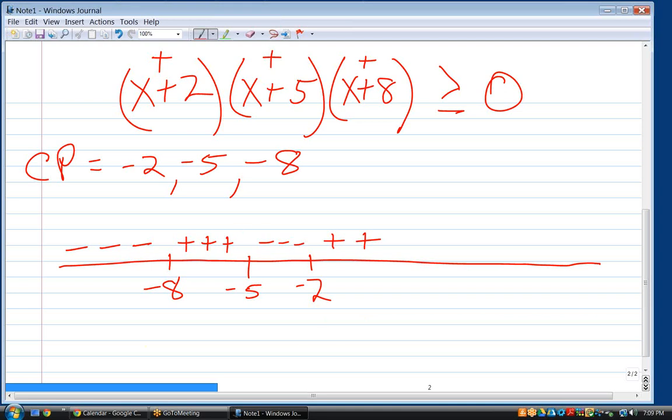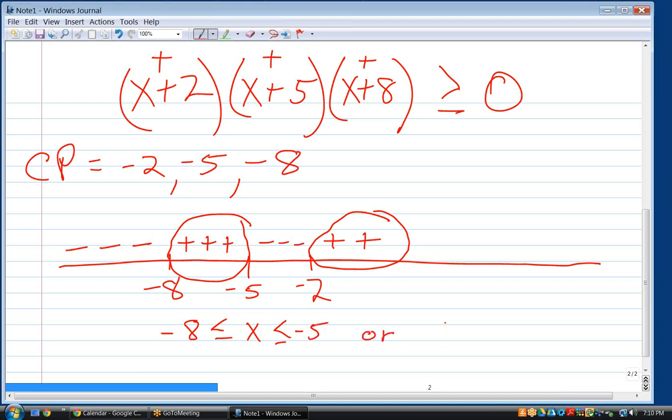Where is it positive? In other words, where is everything greater than or equal to 0? It's when x is greater than or equal to -8 and less than or equal to -5, or when x is greater than or equal to -2. There's my solution.